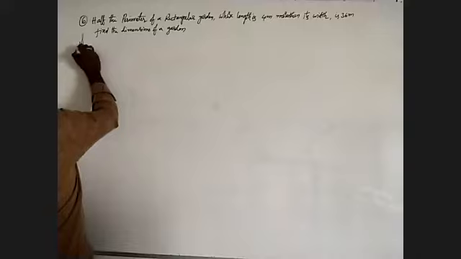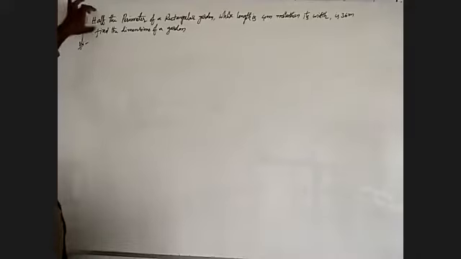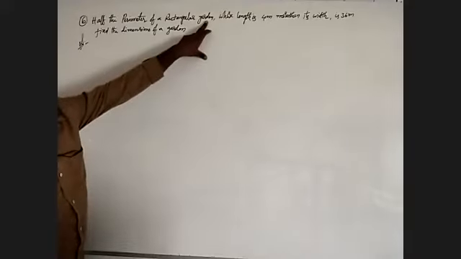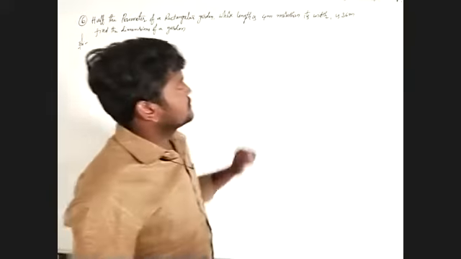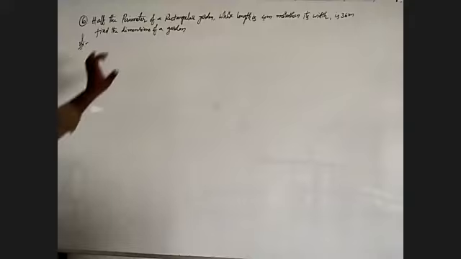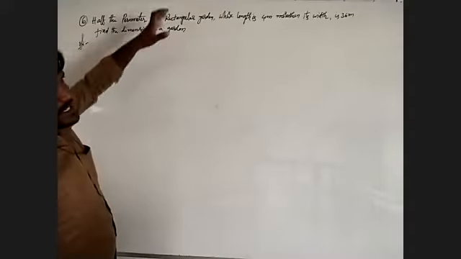What is asked in this problem? The perimeter of a rectangular garden whose length is 4 meters more than its width is 36 meters. Find the dimensions of the garden. The dimensions of a rectangle mean length and breadth.